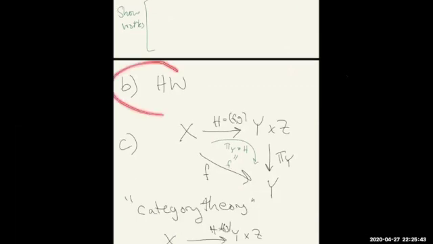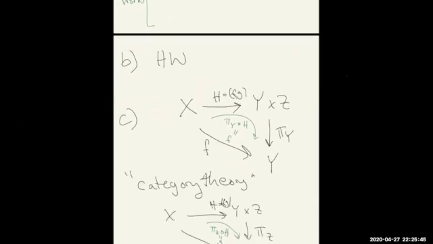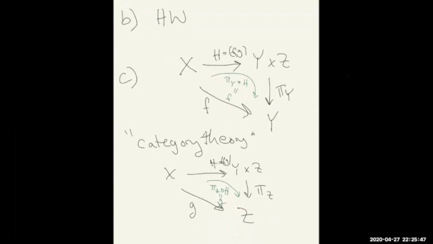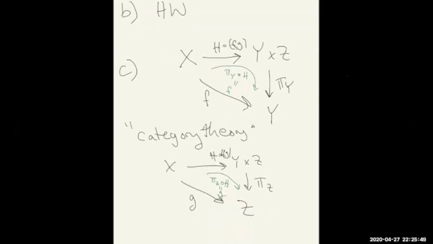Now, B is explicitly in your homework. And C is actually a picture proof, if you are careful. I mean, you need to add words, but to indicate a scheme of this, okay, you have your function h, which sends into Y cross Z. So x is sent to f of x, g of x. We know that this function is continuous.